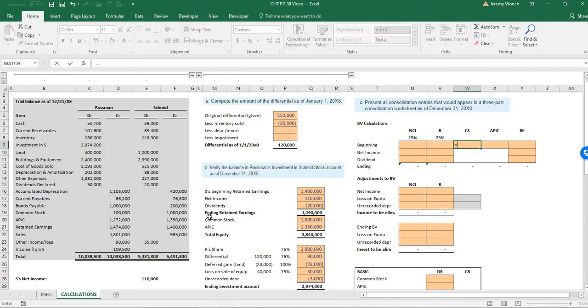And so we're just going to enter in the equity from the sub. So we have $1 million in common stock, we have 1.35 million in additional paid-in capital, and we have 1.4 million of retained earnings. So now we just need to divide that between the non-controlling interest and the parent.